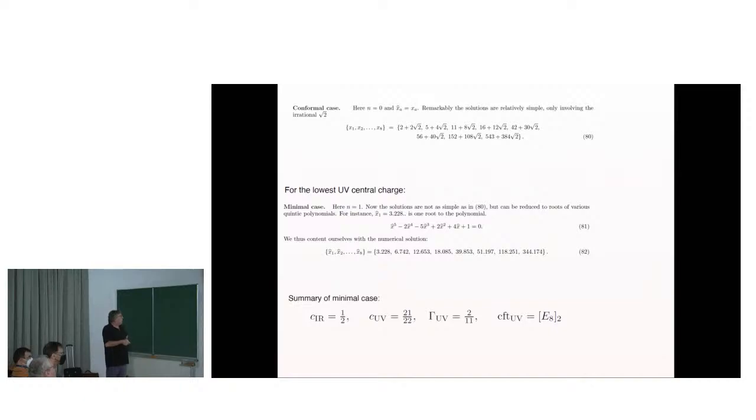They're roots of a quintic polynomial. So this first guy is one root of this polynomial. And kind of remarkably, you plug it into the Rogers dilogarithm formula, and with these weird numbers, you get exactly 21 over 22, which is one of the minimal models. I think it's the 9th minimal model.